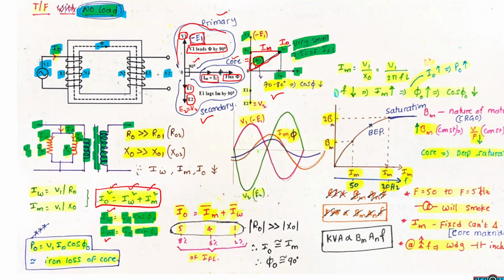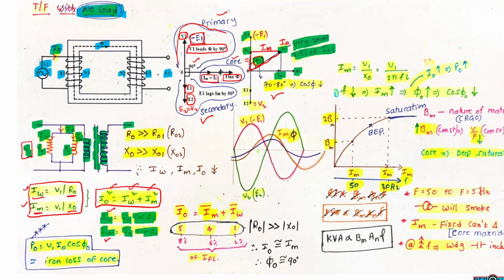From this equivalent circuit, IW and IM can be written in this form: IW, the working component, with reference to resistance R0, and IM, the magnetizing current, with reference to X0. The supply voltage is common. As R0 and X0 are connected in parallel, the current in each element is the supply voltage divided by that element.